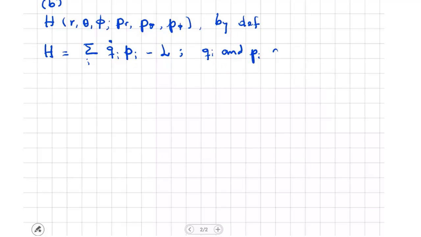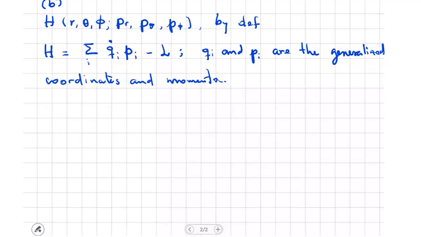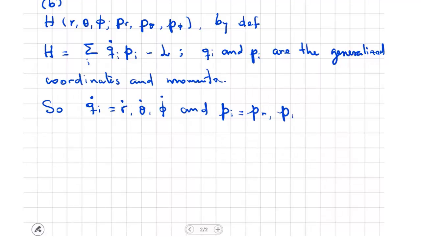Then q_i dot is r dot, theta dot, and phi dot, and p_i is p_r, p_theta, and p_phi in this case.